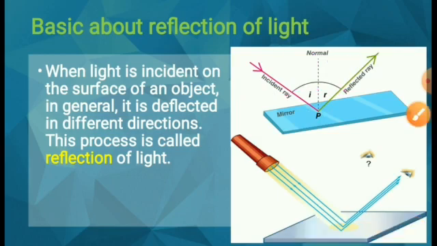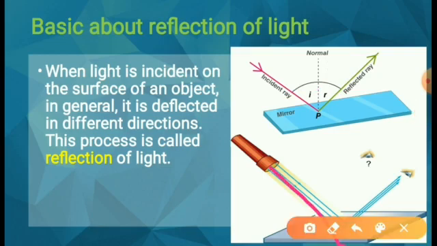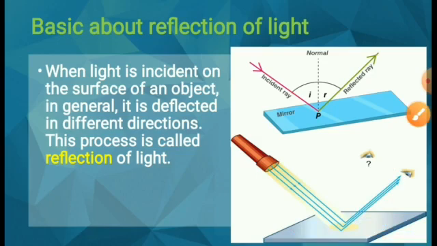In the picture below also it has been shown that the ray of light which comes from the torch falls on this plate and gets reflected back into the eye, so you are able to see the object.